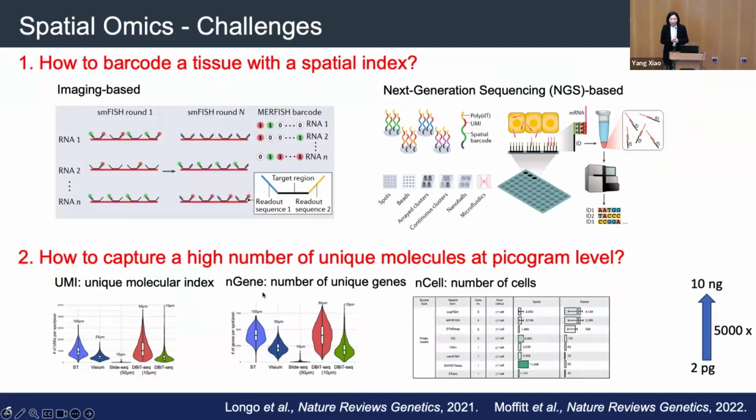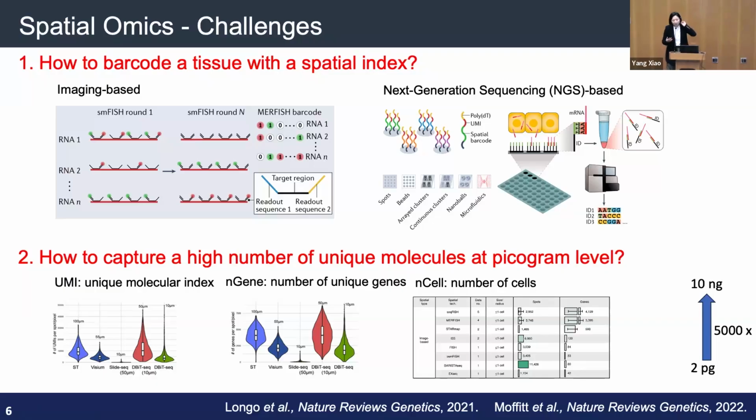A single cell usually has only 2 picograms of RNA, whereas traditional bulk RNA-seq works with 10 nanograms of RNA. So that is a 5,000 times difference in the total RNA you can collect. When you only have 2 picograms of RNA, you have to consider the noise, specificity, the bias in amplification during PCR, and a lot of other things.